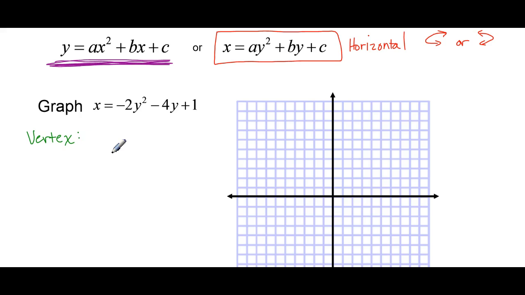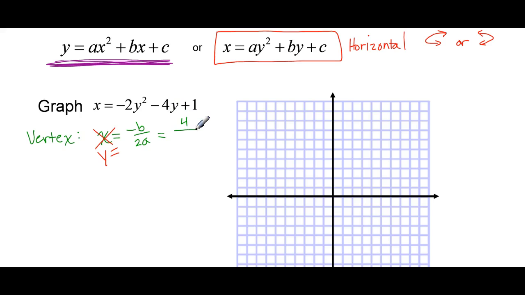The vertex shortcut used to be x equals negative b over 2a. But remember, x and y have switched jobs. y is where x used to be, x is where y used to be. So the shortcut isn't going to be x equals negative b over 2a, it'll be y equals negative b over 2a. But aside from that, the shortcut will work exactly the way it used to work.